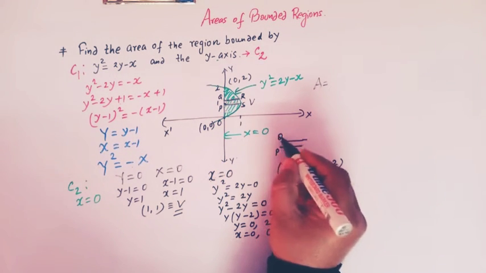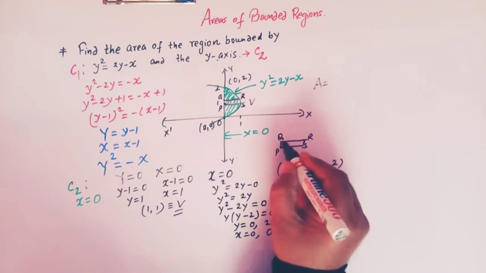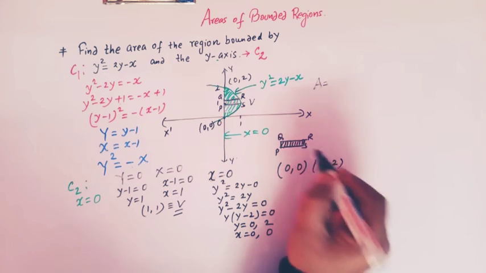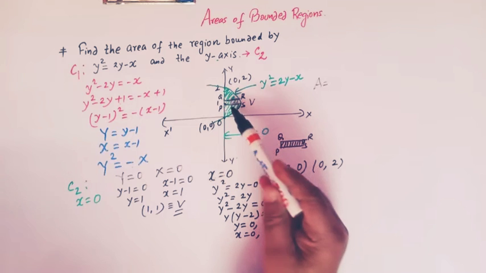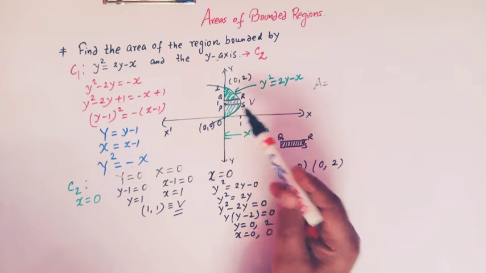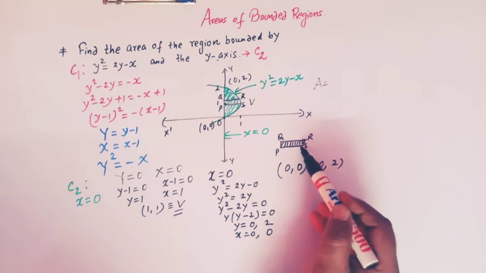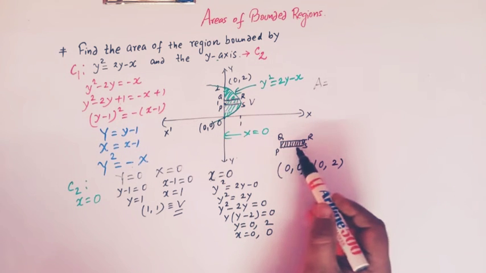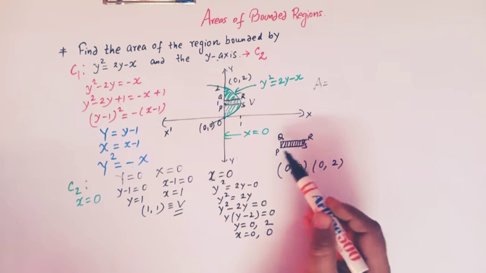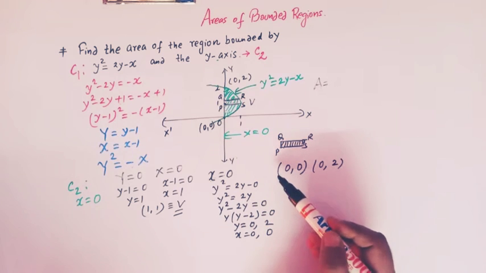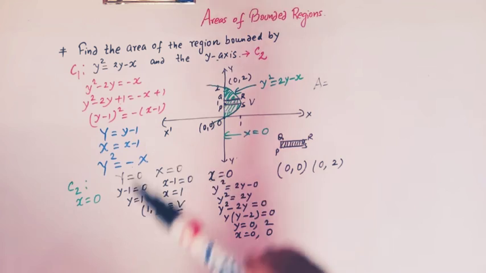So to find the area of this shaded region, we divide this region into such rectangular horizontal strips, and we find the area of one strip, and then we integrate it from 0 to 2, right?